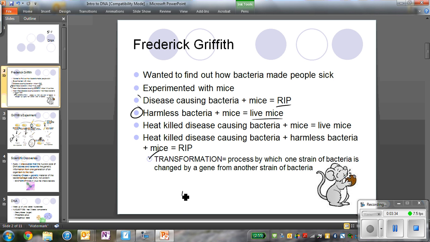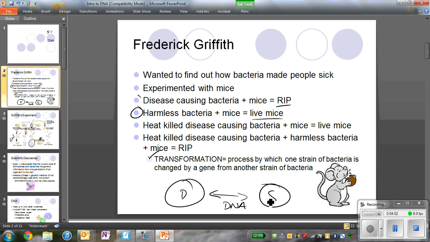So basically, the disease-causing bacteria and the safe bacteria can swap DNA. And if they swap DNA, they can do different things, whatever the DNA tells them to do, whether it's kill the mouse or allow the mouse to live.